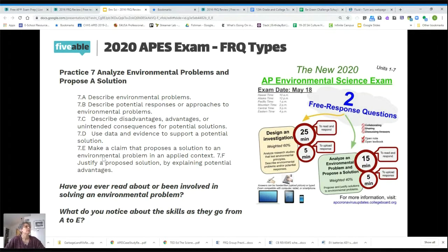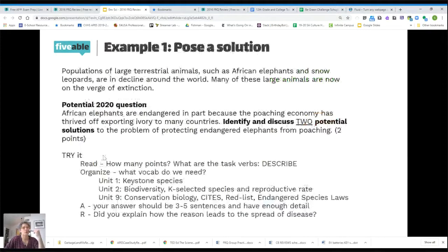All right. Here's an example. I rewrote an old question. Populations of large terrestrial animals, such as African elephants and snow leopards, are in decline around the world. Many of these large animals are now on the verge of extinction. So here I am changing this question a little bit to be more in the 2020 style that you're going to see.